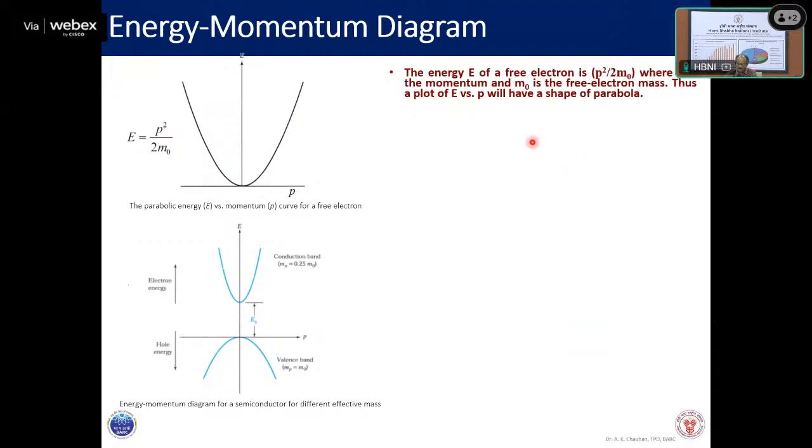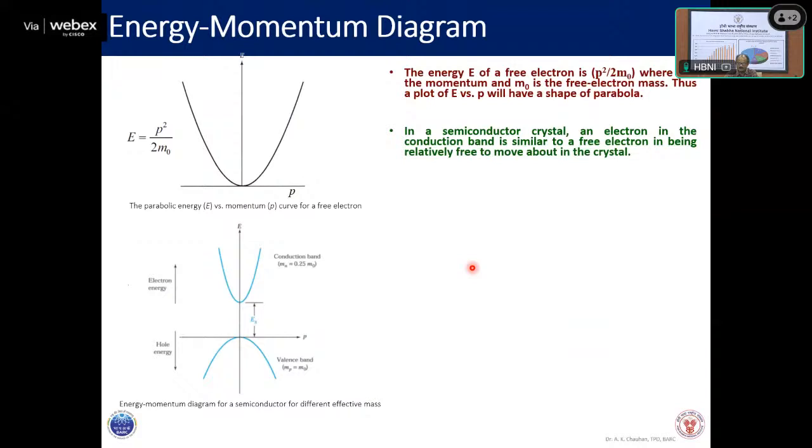The energy of a free electron, we know, is p square upon 2m0, where p is the momentum and m0 is the free electron mass. If we plot p on the x-axis and E on the other axis, because it's p square upon 2m0, we should get a perfect parabola.